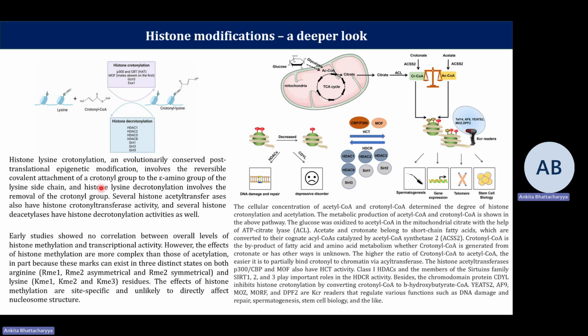Commonly, what we understand by acylation is the addition of an acetyl group from acetyl coenzyme A as the donor, like we've already discussed. But if, instead, a crotonyl group gets added onto lysine from a crotonyl coenzyme A donor, then that will lead to crotonyl lysine formation, like you can see here. The type of enzymes which can actually do it are also different. We'll come to it, it's mentioned here.